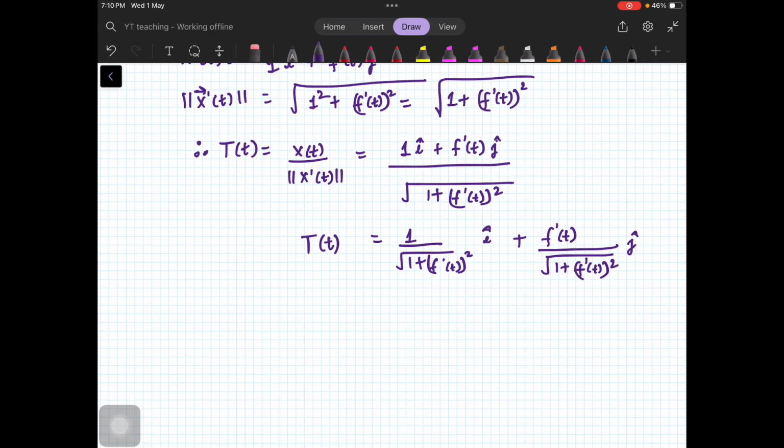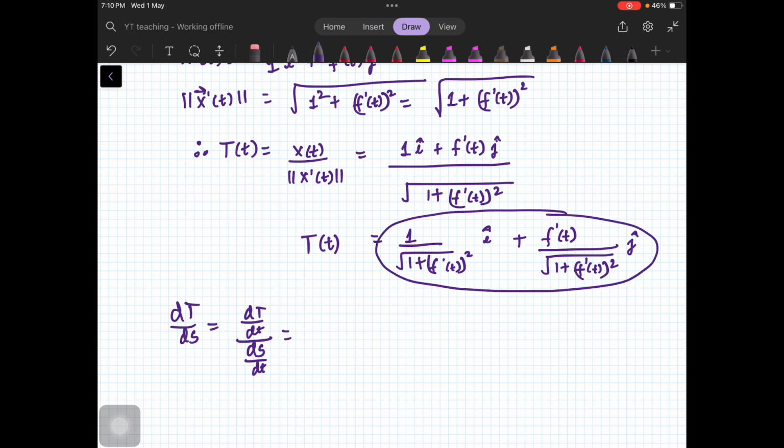Now, if I want to find dT by ds, that would be dT by dt divided by ds by dt, right. So, we have to differentiate this with respect to t, and ds by dt, we know, is equal to the modulus of x prime of t. If you are not familiar with this, you can watch the last 2-3 videos. This we already have, it is equal to this.